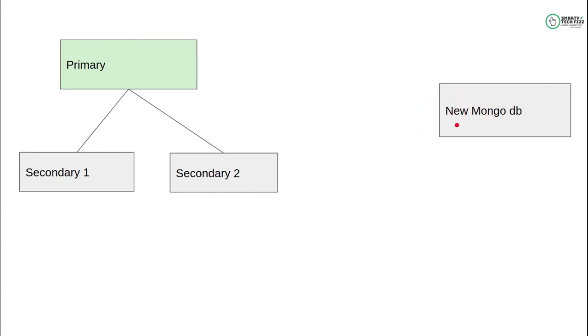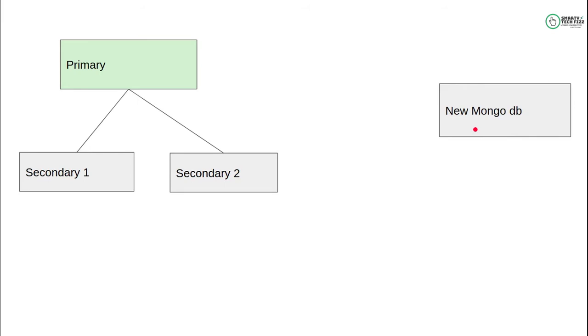However, if you want to add a new MongoDB server to an already existing replica set, or you just want to work on a single MongoDB server and convert it into a replica set member just for testing purposes or anything else, you can do the same thing which I'm going to tell you today.